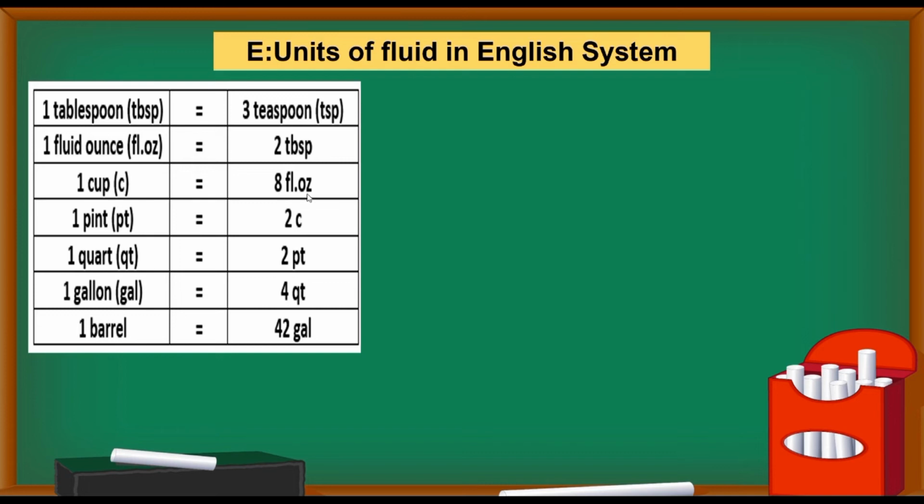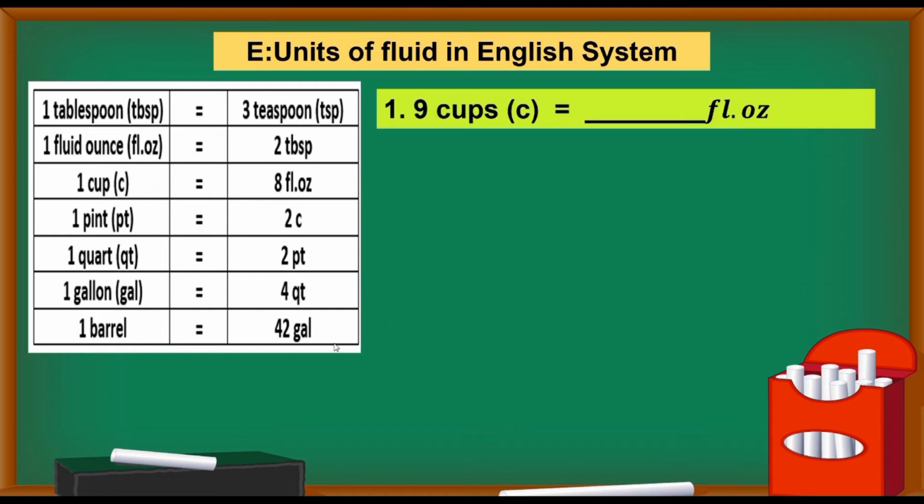In 1 cup, there is 8 fluid ounce. In 1 pint, there is 2 cup. 1 quart is equal to 2 pint. 1 gallon is equal to 4 quarts, and 1 barrel is equal to 42 gallons. So, if we have 9 cups, how many fluid ounces?